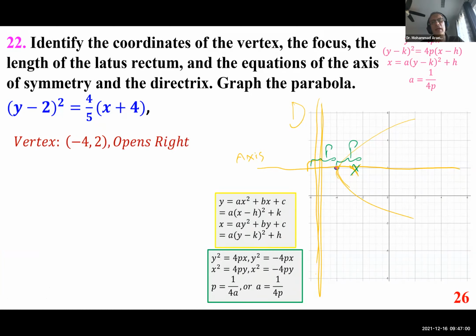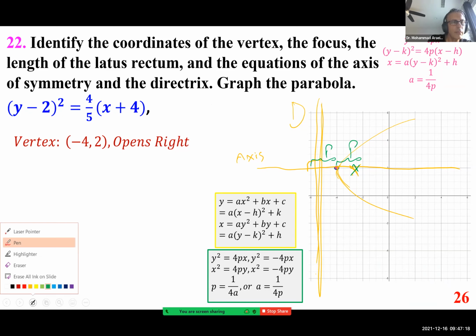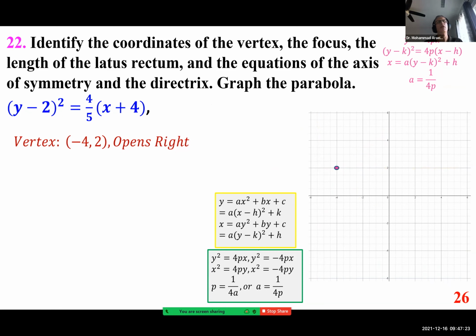So you expect the graph to look something like that. That's the idea. Okay, let's erase all of it and take it from there. So you already have an idea how it looks.